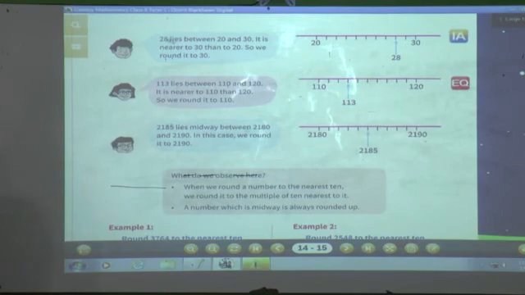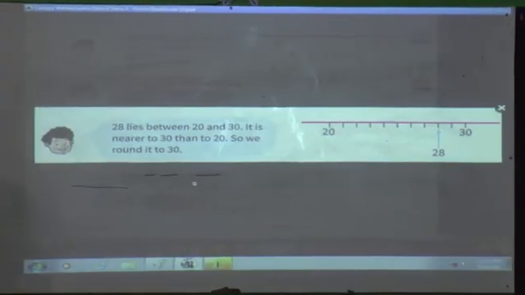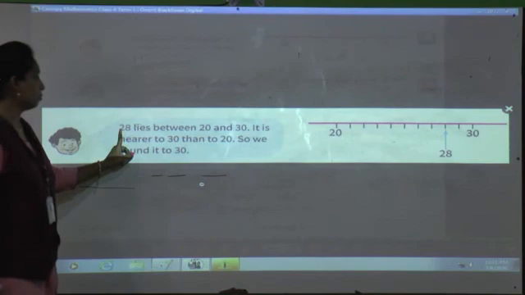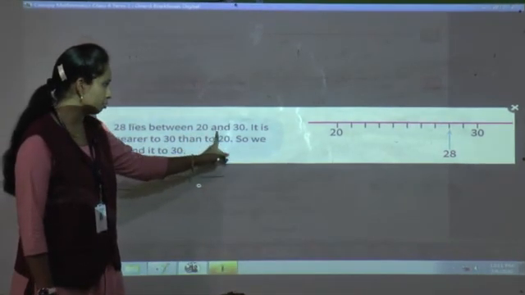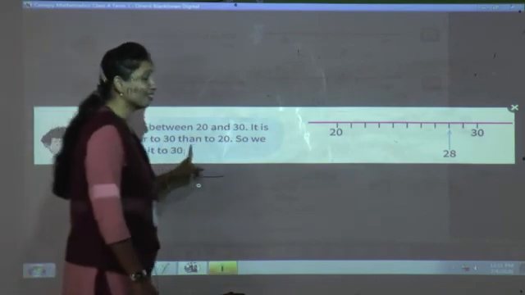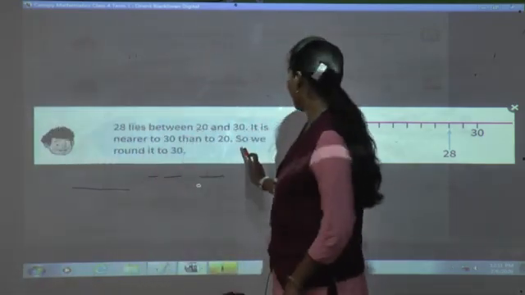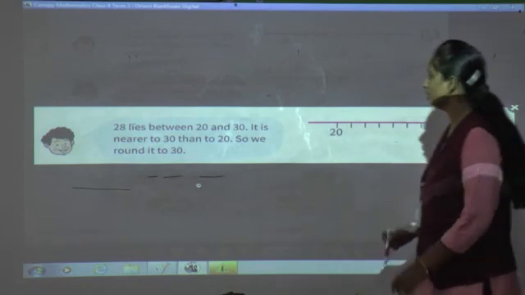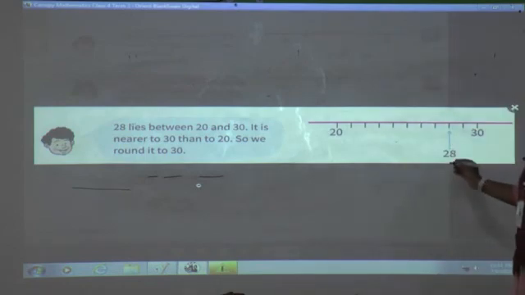The first example, can you see here? Now 28 lies between 20 and 30. It is nearer to 30 than to 20, and so we can round it to 30. Now we have to find out where 28 lies.